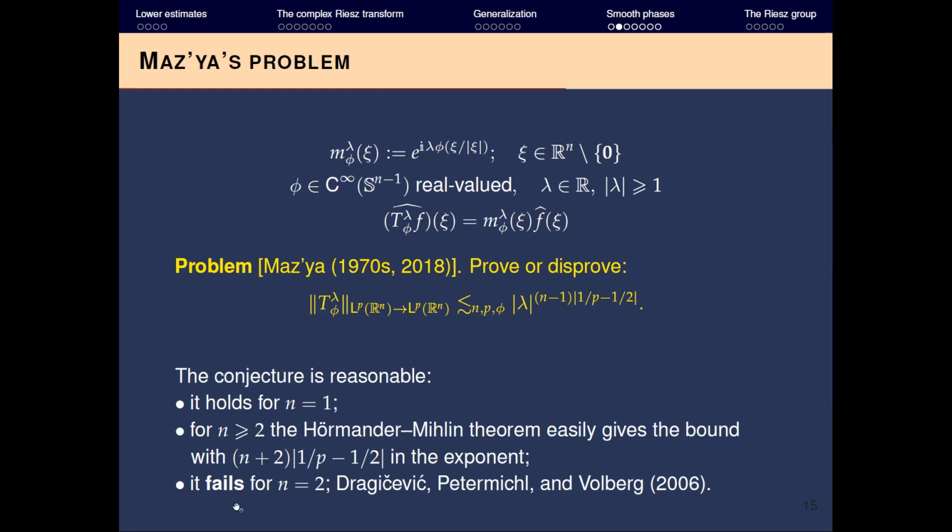Well, it turns out that it has been overlooked. The paper by Dragicevich, Petermichl, and Volberg implicitly disproved this bound in 2 dimensions. I'll come back to this a bit later, but it turns out that in 2D, this can be found in this paper by Dragicevich, Petermichl, and Volberg.